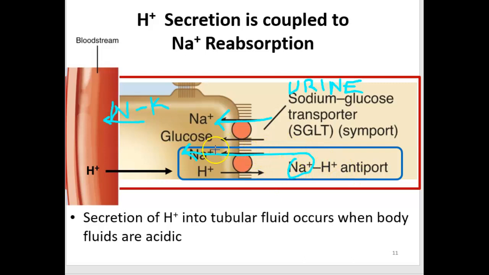But in this instance, hydrogen ions are moved in the opposite direction when sodium is reabsorbed. So this is secretion. Hydrogen ions can be secreted out of the blood and into the nephron tubule.